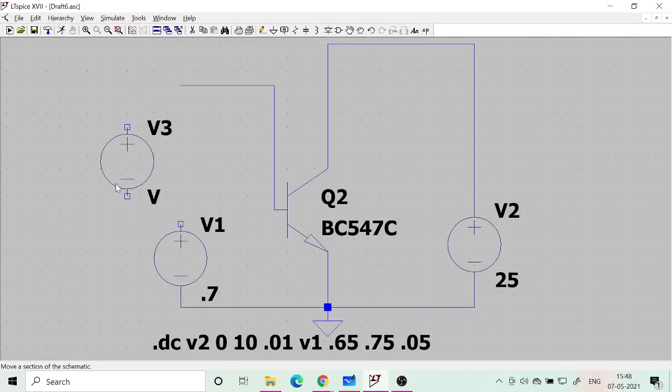And then bring in this. I will have to use this. Okay, so then let's connect it.